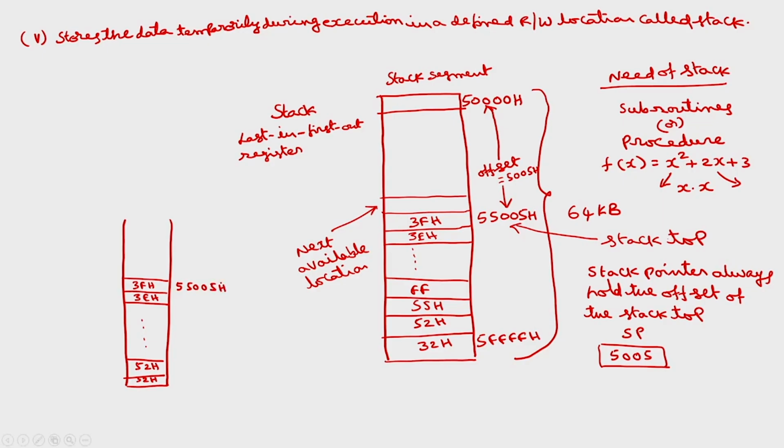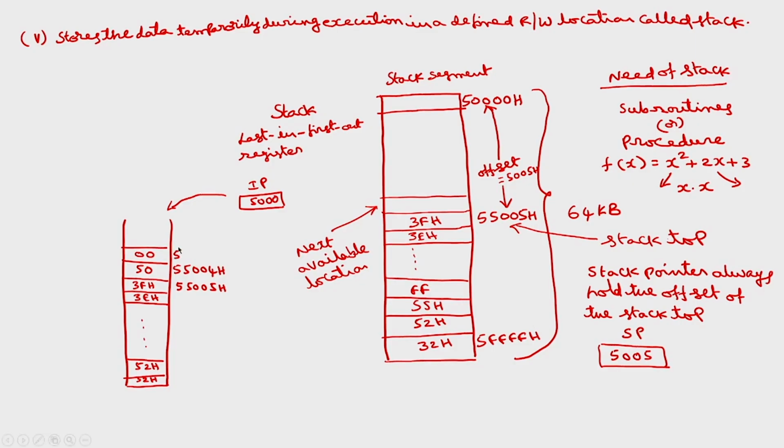Once the call instruction is executed, the contents of IP is 5000. So, the 50 will be first stored in this location, which is 55004H, the higher order 8 bits, and then the lower order 8 bits, 00, will be stored here.